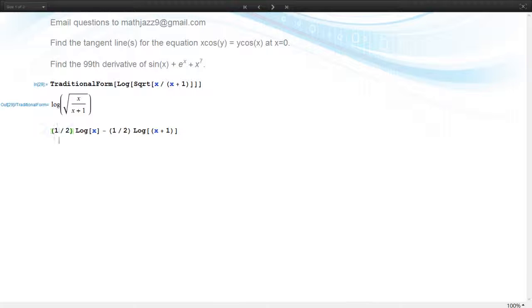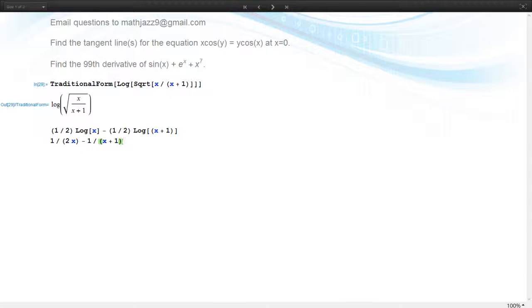So the derivative of log of x is 1 over x. Multiply that by 1/2, we get 1 over 2x. The derivative of log of x plus 1 is going to be the derivative of what's inside the log function, so 1, the derivative of x plus 1, divided by the original function, which is x plus 1.